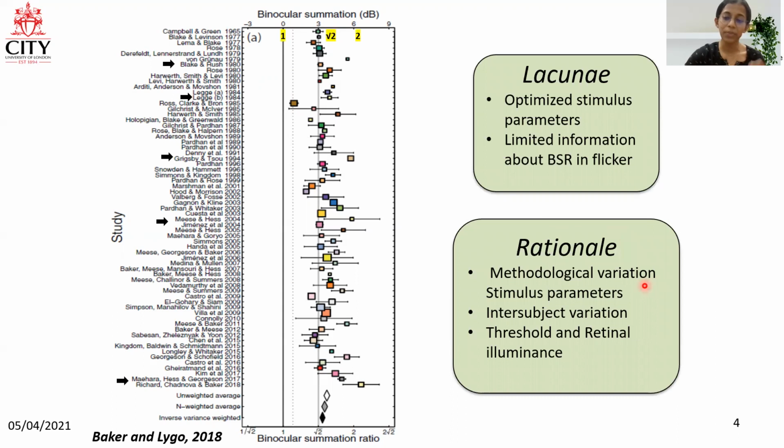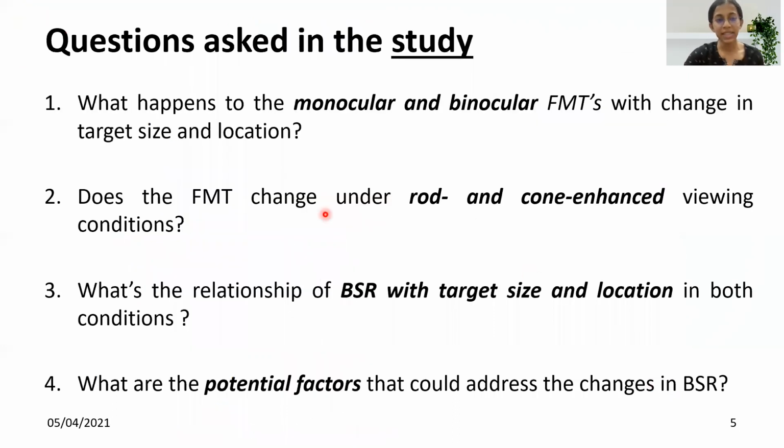So the rationale of the present study was ideally to optimize the stimulus parameters that have been varying in the past, and to find what is the cause of this intersubject variation and huge range in the summation ratio, and why it is not comparable to the spatial domain. Besides that, there are a few other important questions that have been asked and answered in this present study. Number one, the monocular and binocular modulation thresholds measured in the temporal domain, are they different from each other?